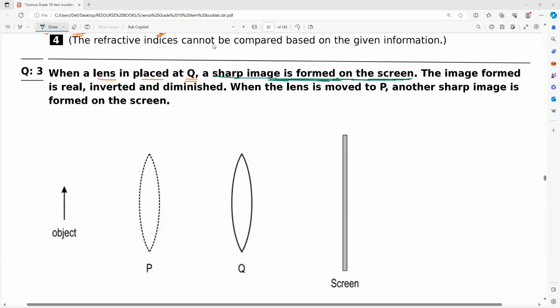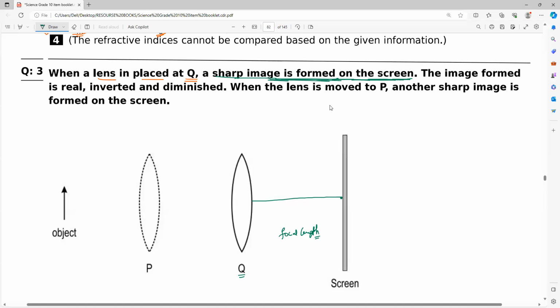That is what we used to call as, yes, very good. So if the lens is at Q, a sharp image is formed at the screen, means this distance is called what? Anybody? What is the distance we used to solve, everyone? The distance is called the focal length. Understand, all of you? So that is what you have to remember, focal length.